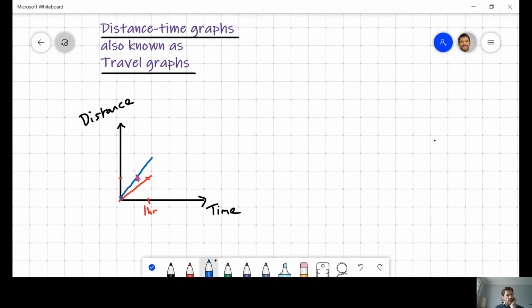Now it might not be clear at first, but just think about the bare necessities, the essentials. After 1 hour on this graph, I've traveled this distance. What's happened in 1 hour? Simply, I've traveled more distance, but in the same amount of time.